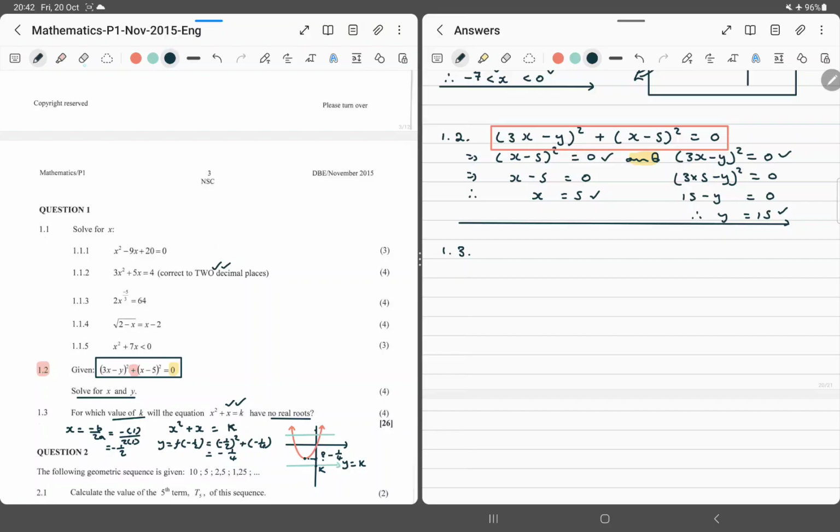So what does that mean? It means our k value has to be a value less than that for these two not to intersect. Otherwise, if it were to be here, you can see that from this point they touch, so they will have a point of contact. That would be a root, a single root. Beyond that, they keep having 2 real roots. So let's just remove that one.